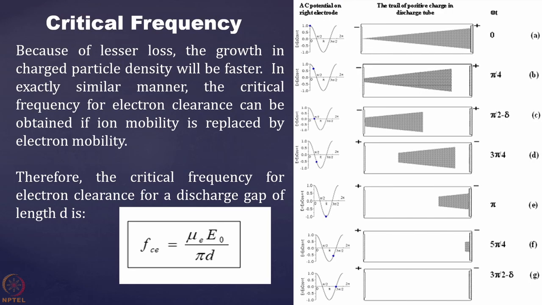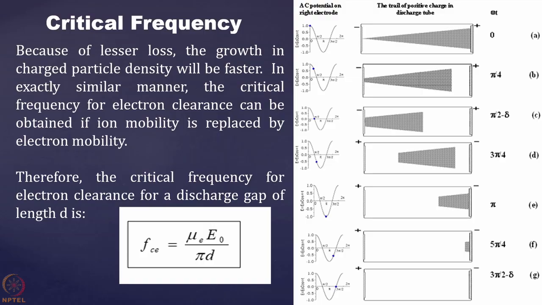So with this we now understand how the AC breakdown mechanism works. We have come to know that as we increase the frequency, it assists the breakdown due to accumulation of the positive space charge, but if we increase the frequency further, electrons also start staying inside the discharge tube, which cancels the positive space charge effect.